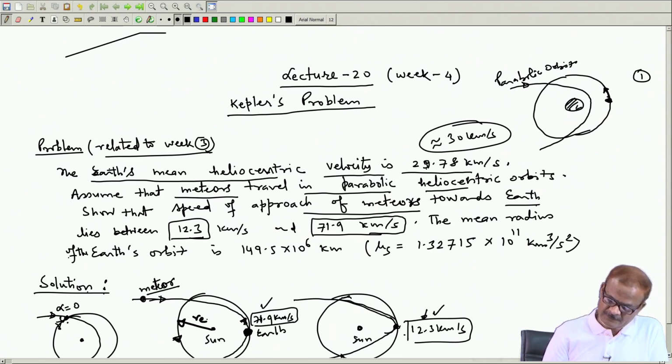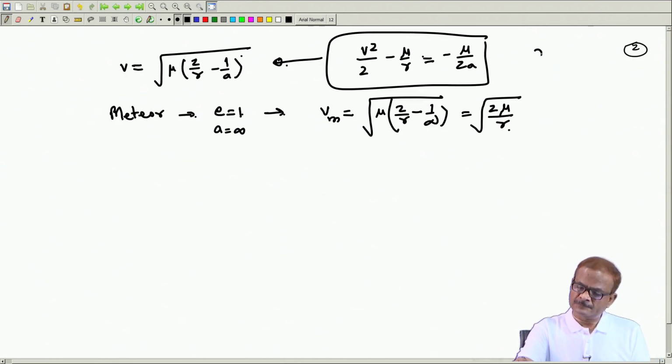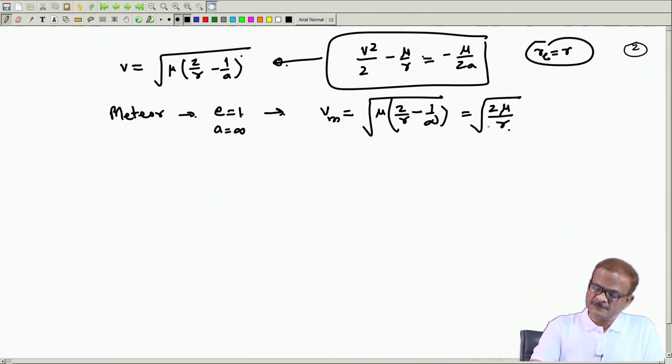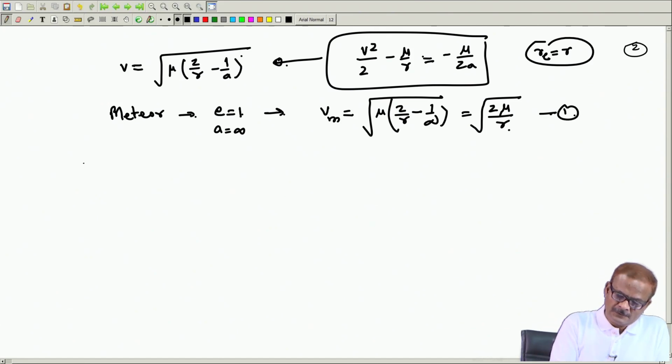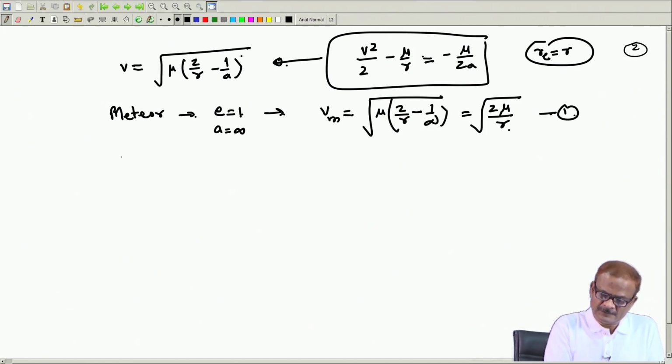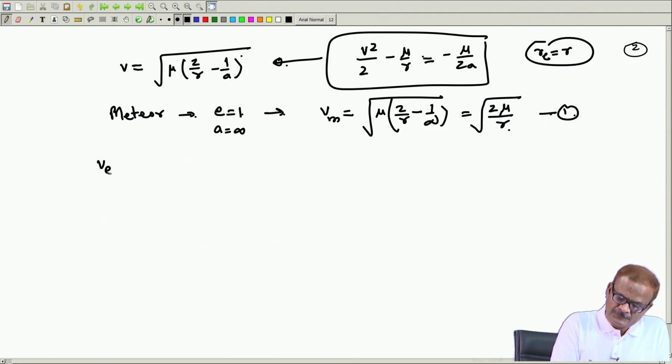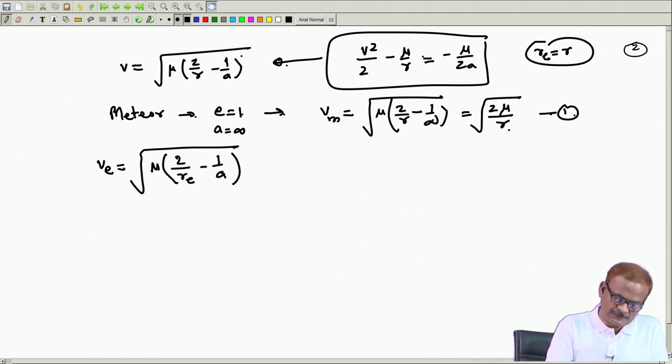So, this is the Earth orbit, and instead of writing r Earth, we simply write it as r. This is the meteor velocity at that point. What will be the Earth's velocity in this? So, V Earth, again this is the square root of mu times (2 by r Earth minus 1 by a).